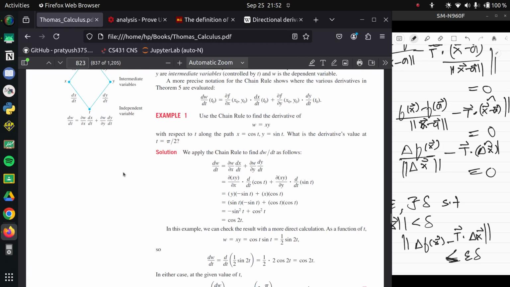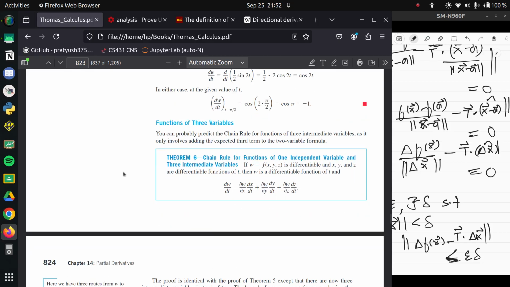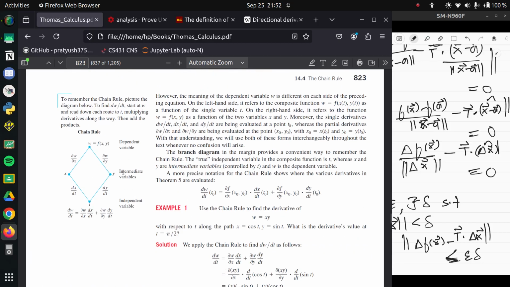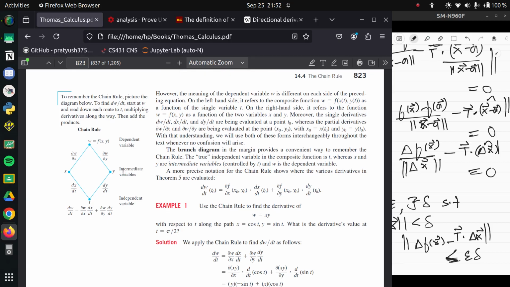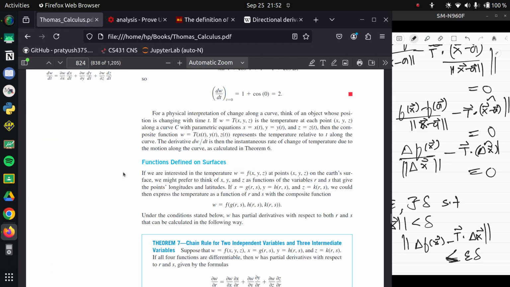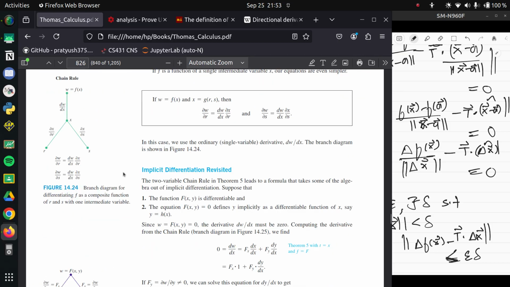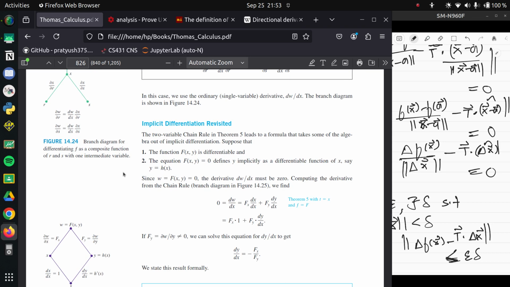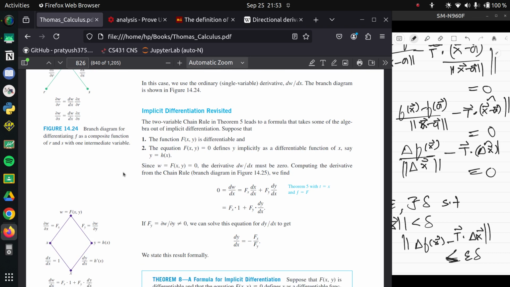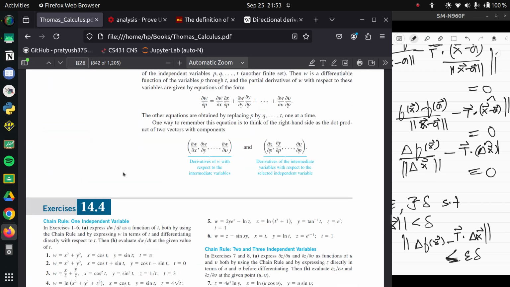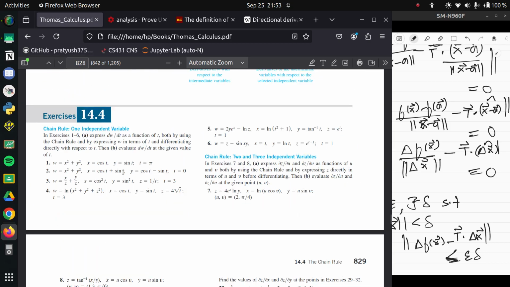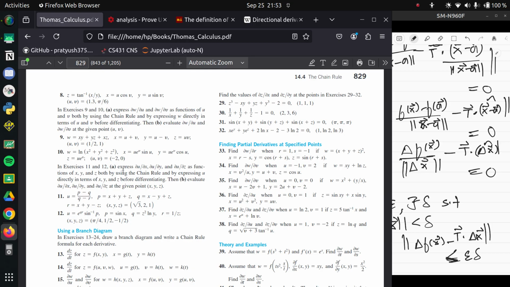We have chain rule. So there's nothing on Lagrange multipliers right now, but fine. Next is 14.4.